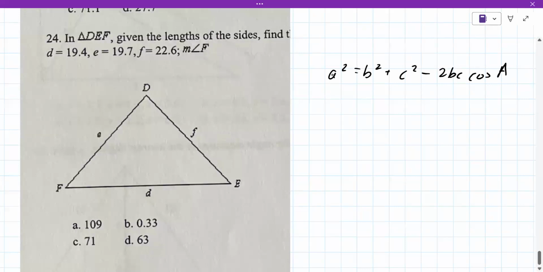And what you might want to do is map your letters. Since you're trying to find F, that's F. And then the other two letters are interchangeable. Like that.